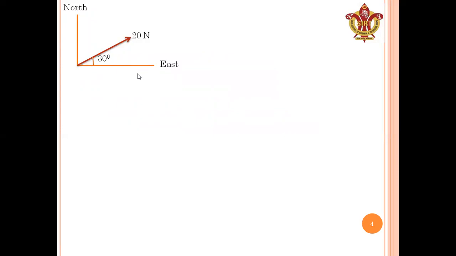The horizontal component is 20 Newton times cos theta, because the force makes an angle with the east or horizontal, and the vertical component is 20 sine theta.